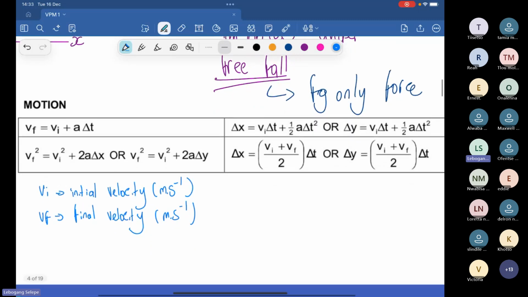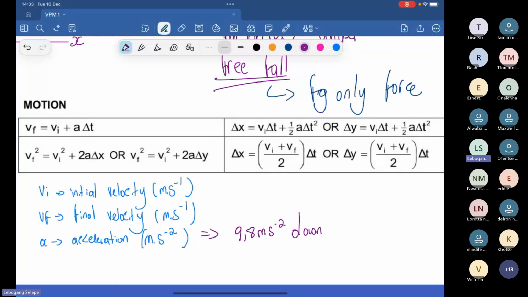Then we have acceleration, which is A, and the units are meters per second squared. In this topic, like I said, the value would always be 9,8 meters per second squared, and the direction is down. Remember, these are vectors, so let me indicate here that this is a vector, and acceleration is a vector as well.